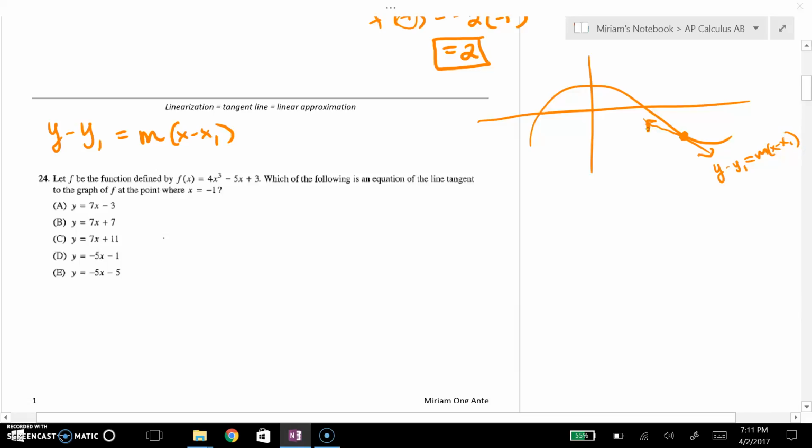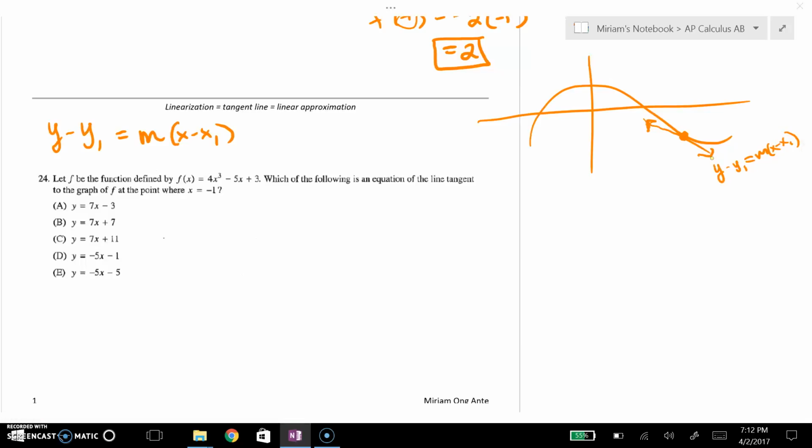Meaning it's not exact because obviously the line is not the same shape as the curve, but if the curve is too hard to work with, we use this line to approximate what's happening in the function. So that's what linearization is.